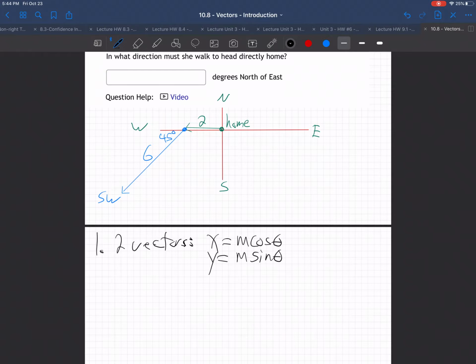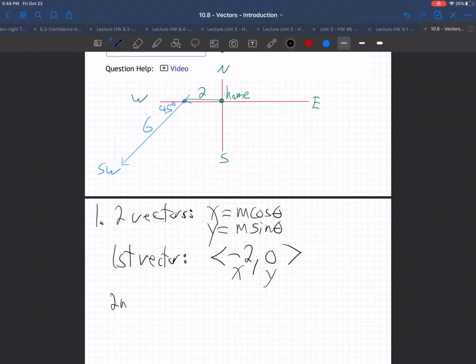You can say the first vector, it's just -2, 0, right? She just goes back to the x values, back to the y values. I don't even need to use formulas. But then the second vector, I'm going to have to use some formulas.